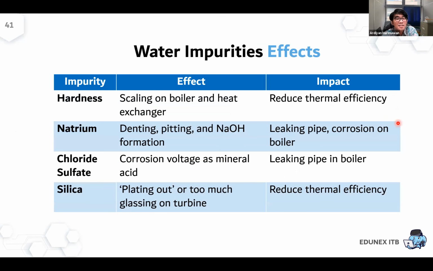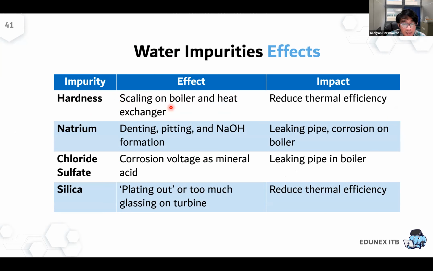Okay, as the summary, some impurities of the water will have unwanted effects if you want to use the water in the process, like hardness. Basically, it will create scaling on the boiler and also the heat exchanger.